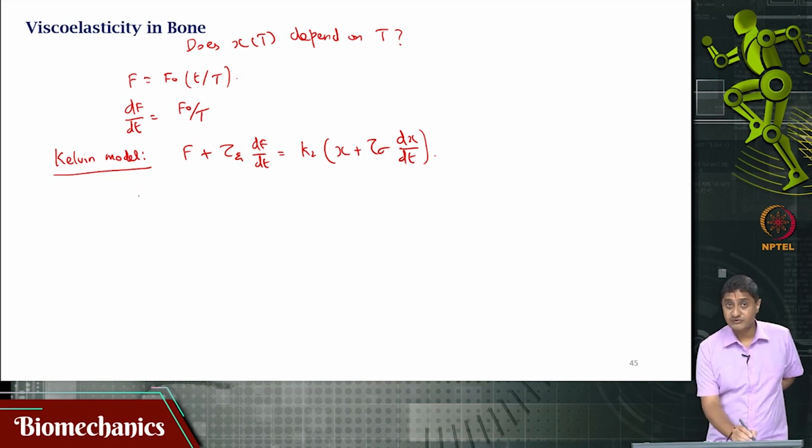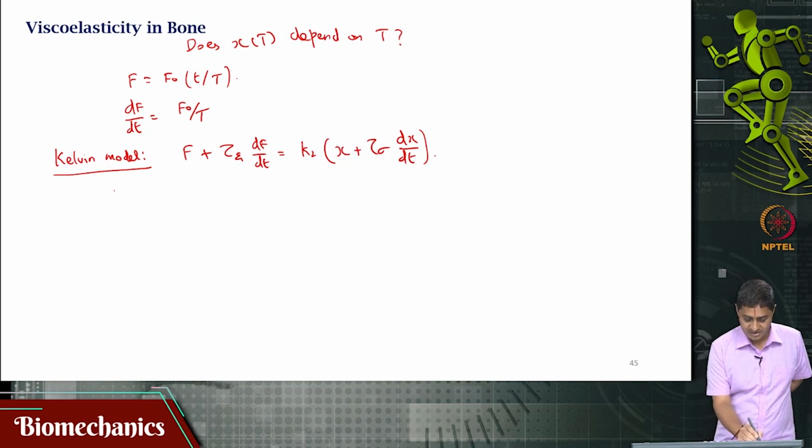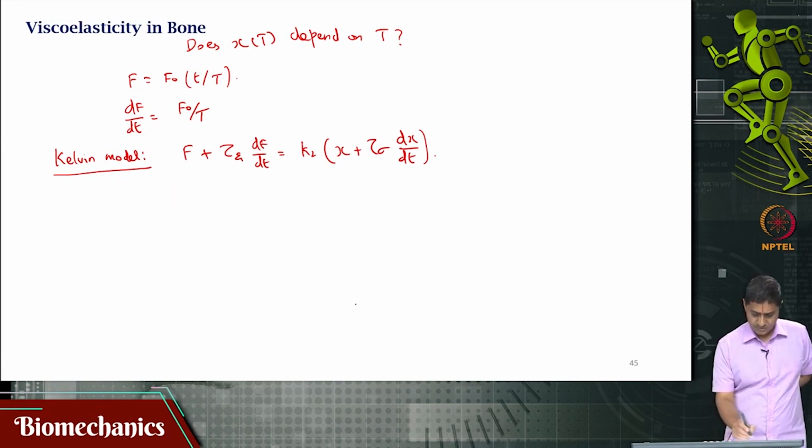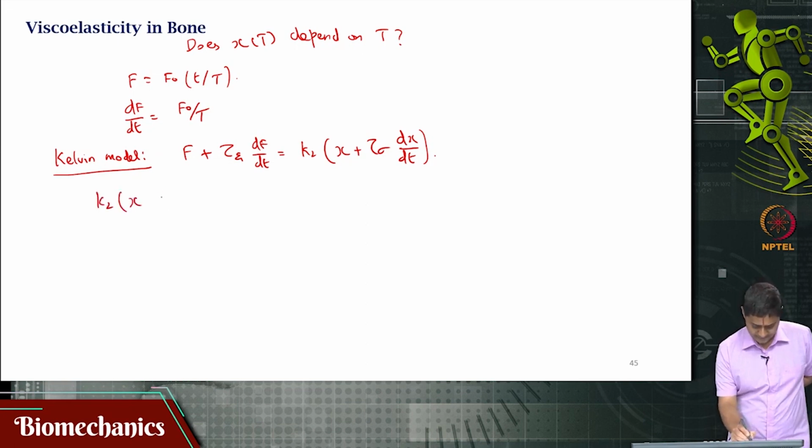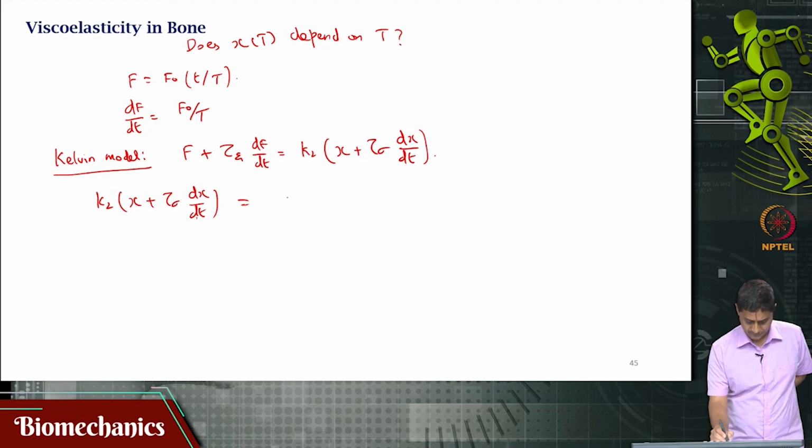Now, this is the Kelvin model or the standard linear model. Substitute for F and dF by dt in this model, that is F naught times small t divided by capital T. So, we rewrite this as K2 times x plus tau sigma dx by dt is equal to F plus tau epsilon dF by dt. What is F?